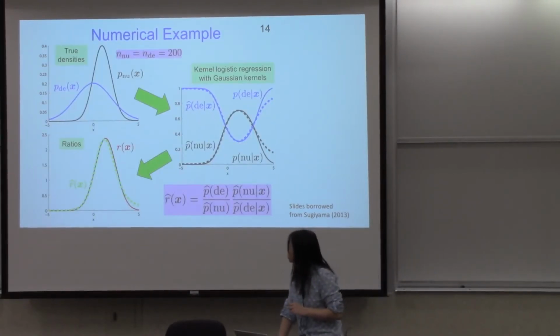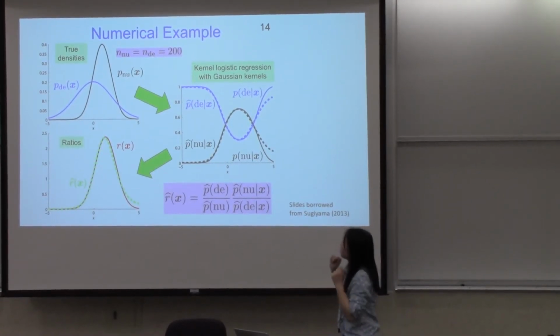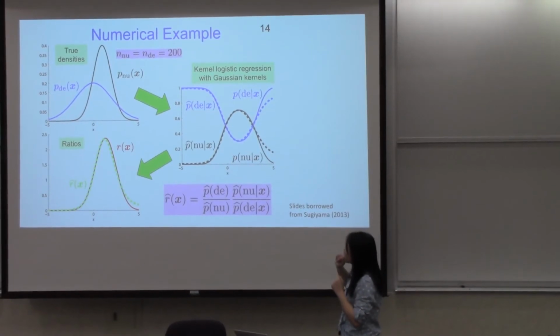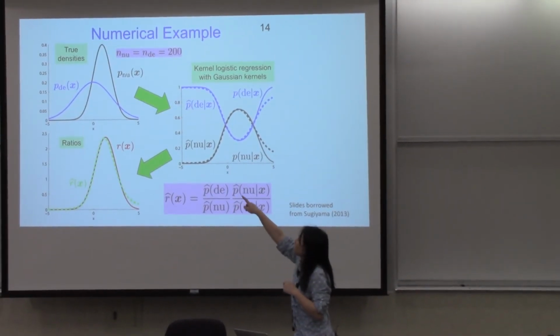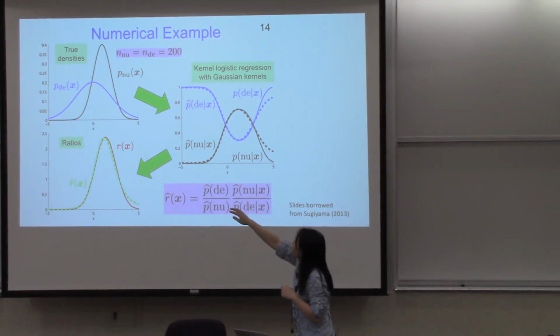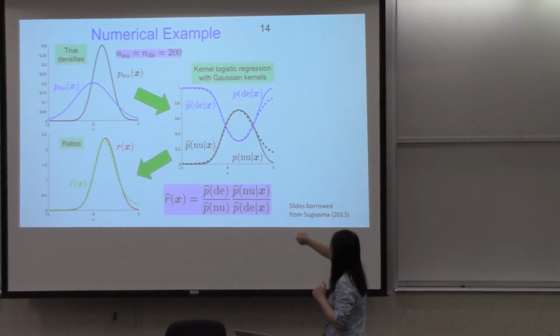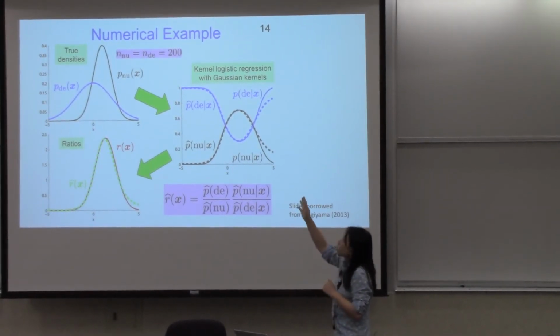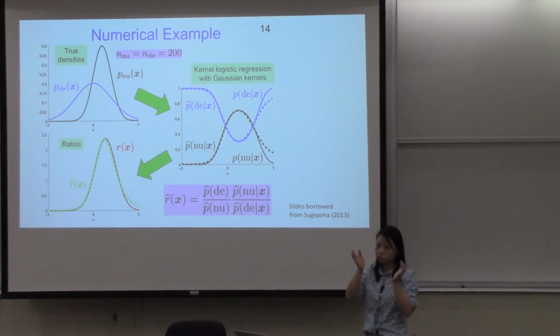Okay. So I think the next slide is an example of this. The example is you have two Gaussians, one is the source and one is the target, in the top left figures. Since these Gaussians give the two densities, they choose a kernel logistic regression with Gaussian kernels as the discriminative model to classify whether it's source or target.